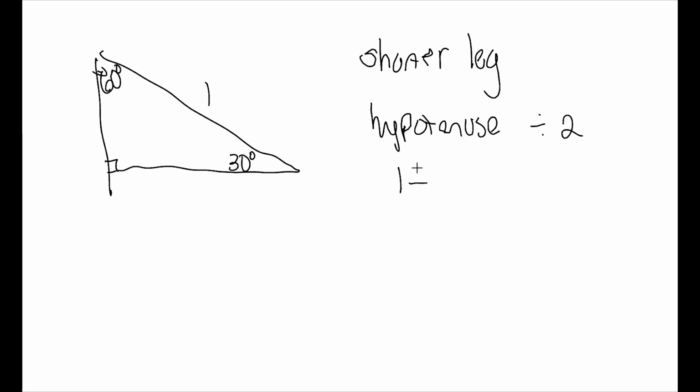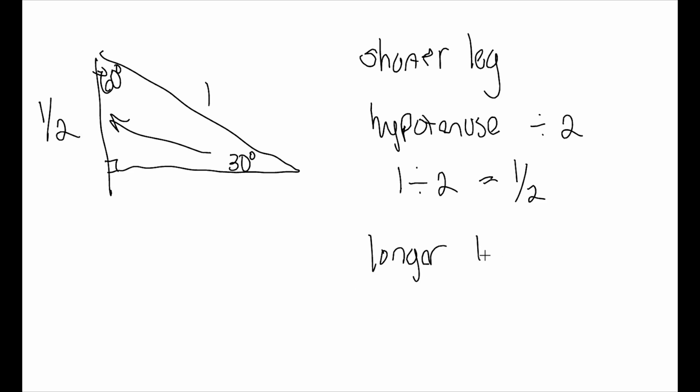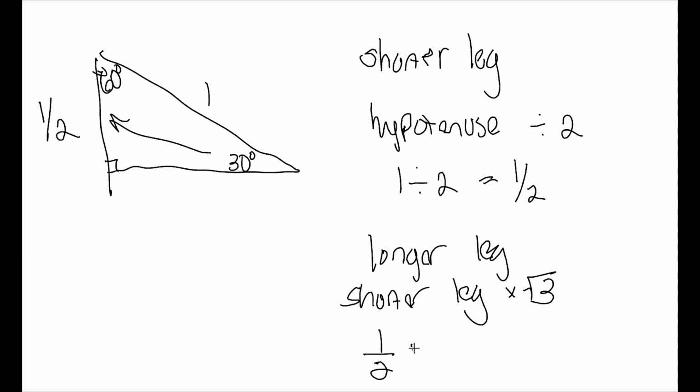So I have 1 divided by 2, which equals 1/2, and that goes across from the 30. To find the longer leg, the shorter leg times the square root of 3. So we have 1/2 times radical 3, which is radical 3 over 2.